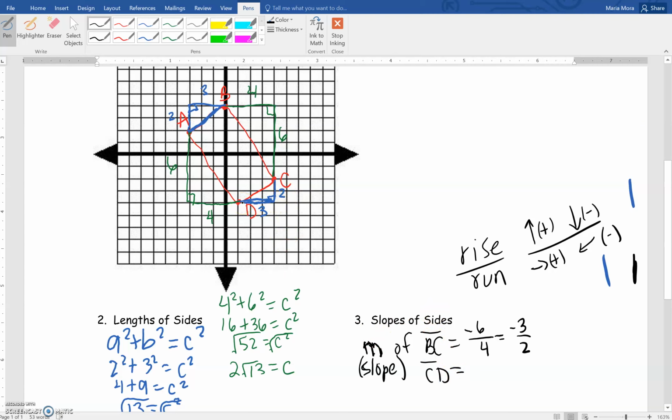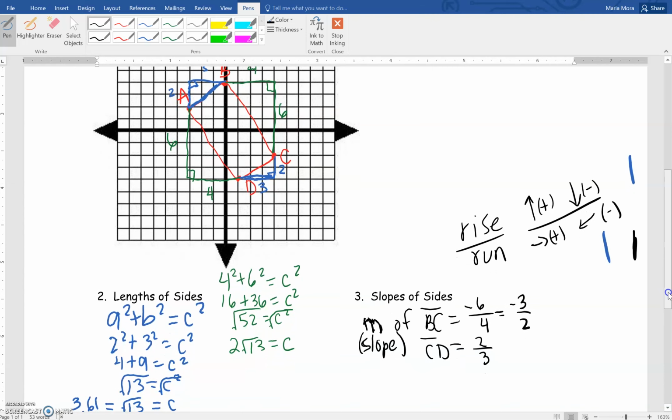So negative 2 divided by negative 3 is positive 2 over 3. Or you can go from D to C. So go up 2, that's positive. Right 3, that's positive. So we get the same thing, which is 2/3. We get the same thing whether I go from C to D or from D to C.